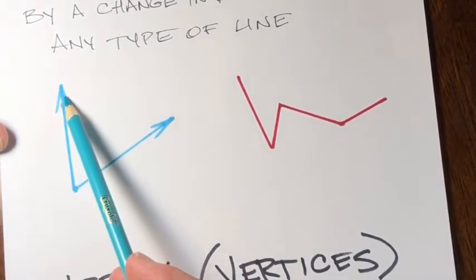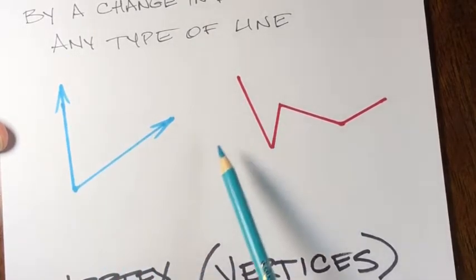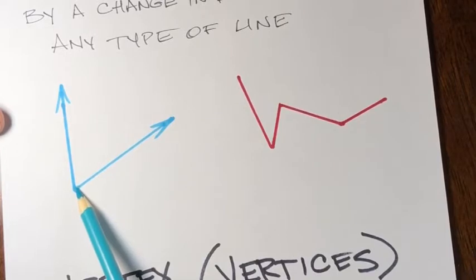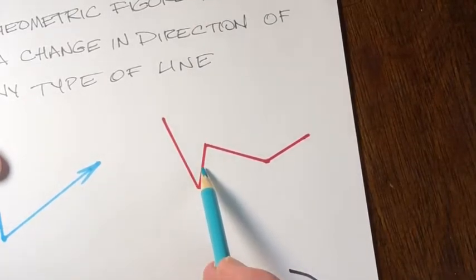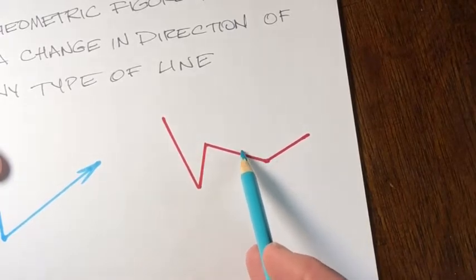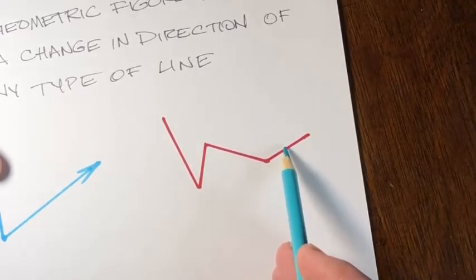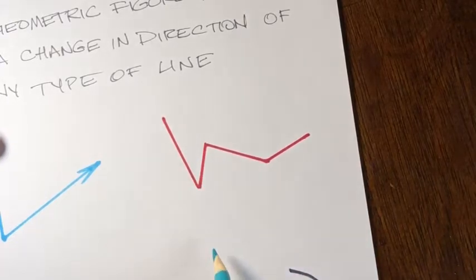We know it's a line because it has an arrow on the end, or maybe this is a ray there and a ray there. But this change in direction there forms an angle. So we have here on the red line, an angle here, then an angle here, and then an angle here. So 1, 2, 3 angles there.